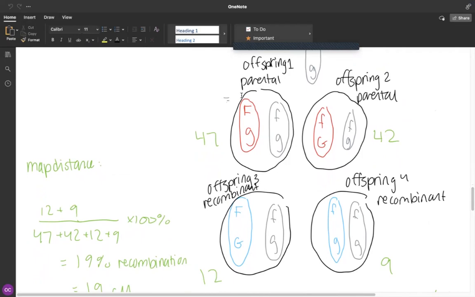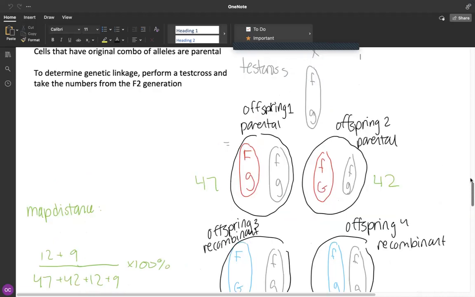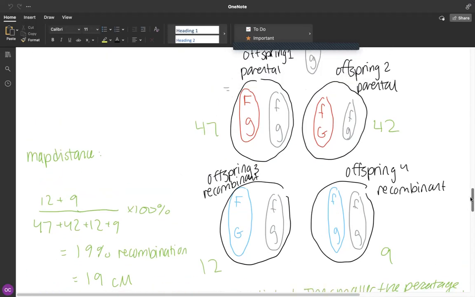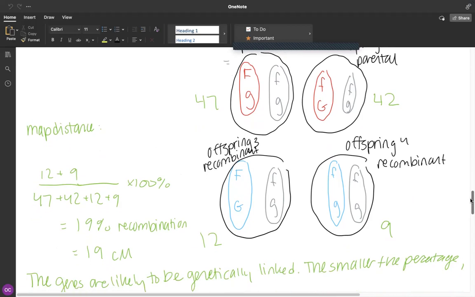So you will notice I just kind of made up some numbers. So there's more parental offspring, offspring that have had passed down the original parental gametes, especially from that first individual with the parental recombinants. So there's more of those than of offspring who have a recombinant allele.